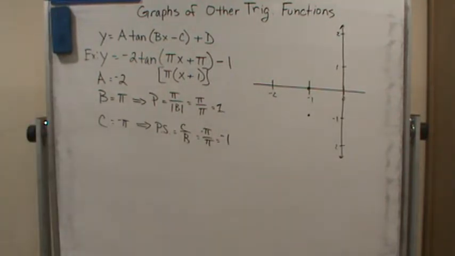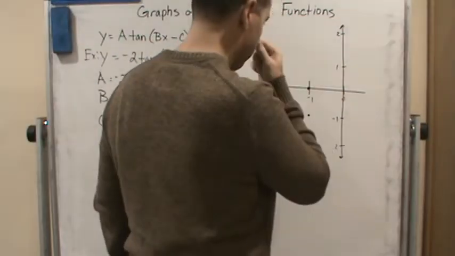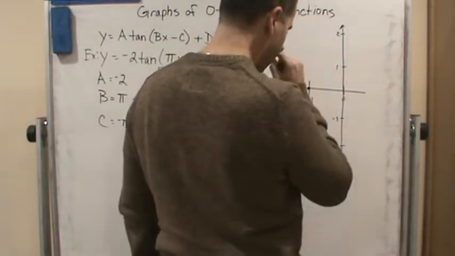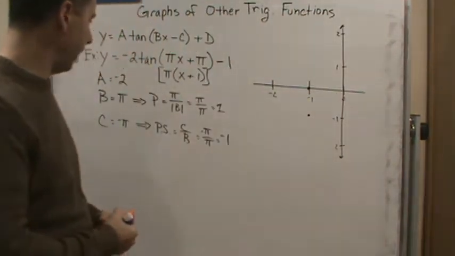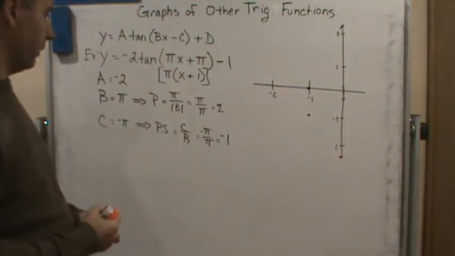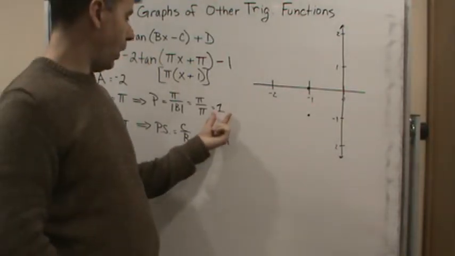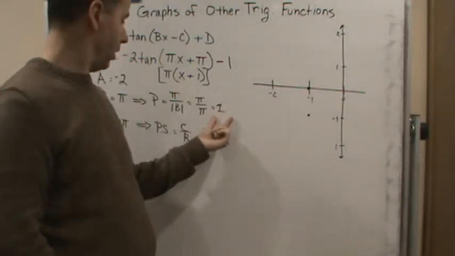Since the period is 1, where are the asymptotes going to be located? It's C over B plus one half of that.